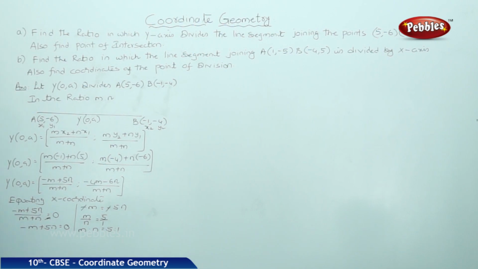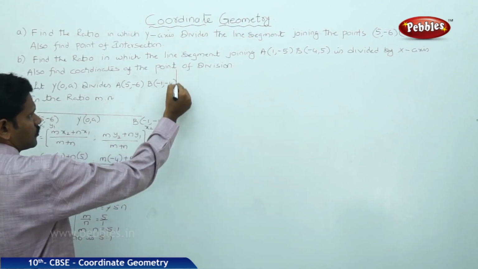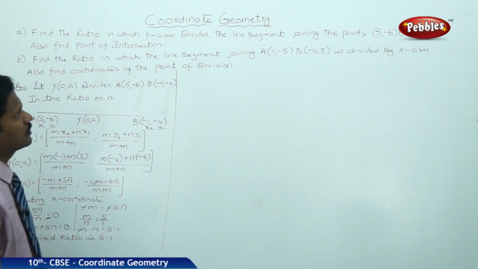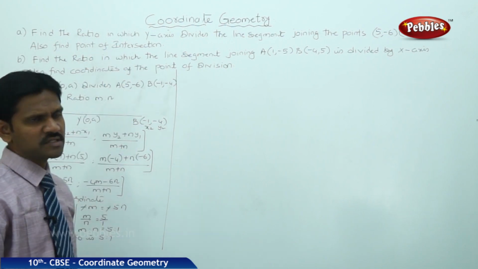Therefore the required ratio is 5 is to 1. After that we have to find out, also find the point of intersection.